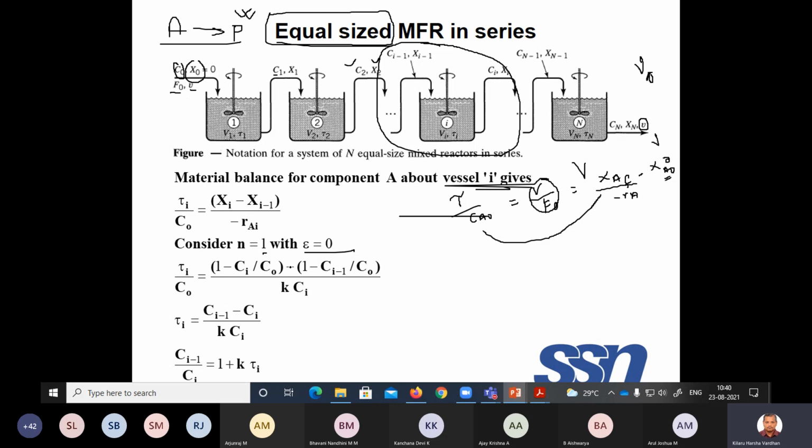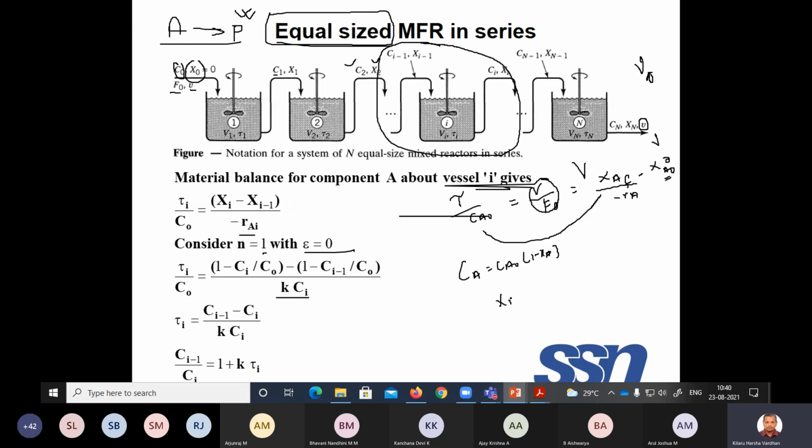So for a simple case, for first order and epsilon 0, we can substitute minus RA as K times Ci. Tau i by C naught is Xi minus Xi minus 1, where Xi is nothing but 1 minus Ci by C naught, and Xi minus 1 is 1 minus Ci minus 1 by C naught, correct? You can write X in terms of concentrations, because you know that CA is CA naught into 1 minus XA.